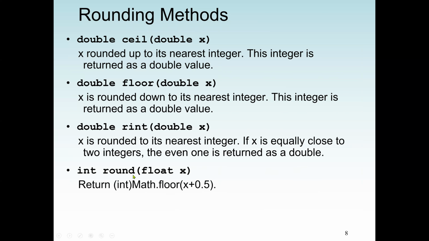And also we have the round method. The round method works the same way as our mathematics. For example, we know in mathematics, if our decimal value is 0.5 or higher, we approximate it to the nearest one more value. So for example, if I have 4.6, we approximate it to 5. If I have 4.2, we approximate it to 4.